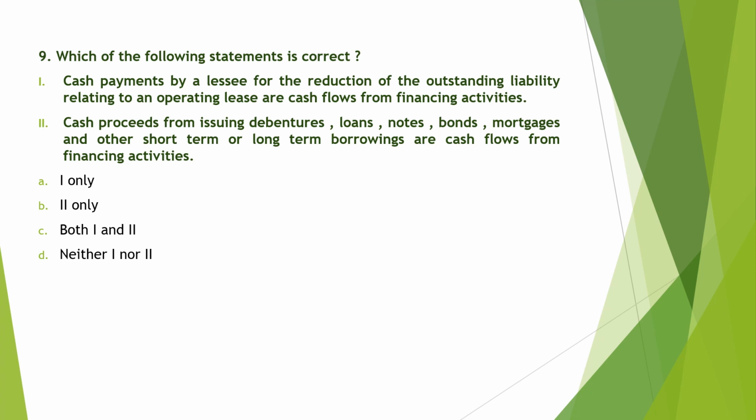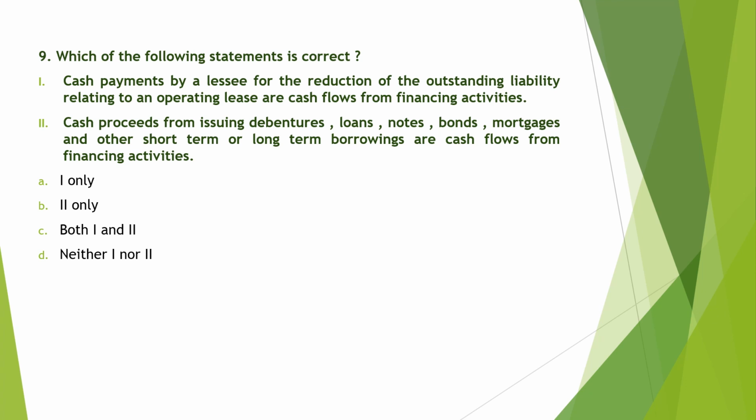Kasi yung rent expense paid, yung rent paid ni lessee, classified yun dapat as operating activity. Since classified yung lease as operating lease. So, therefore, statement number 1 is incorrect. For statement number 2 naman, cash proceeds from issuing debentures, loans, notes, bonds, mortgages, and other short-term or long-term borrowings are cash flow from financing activities. Statement number 2 is correct.